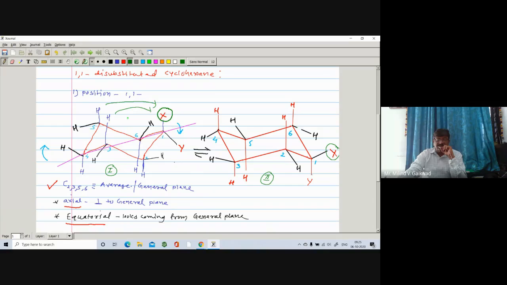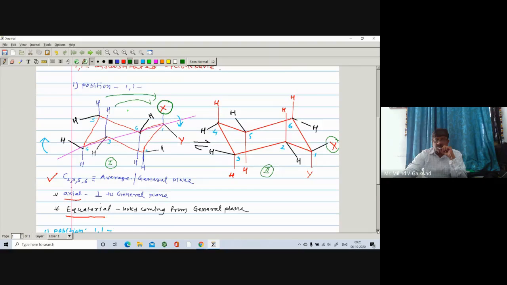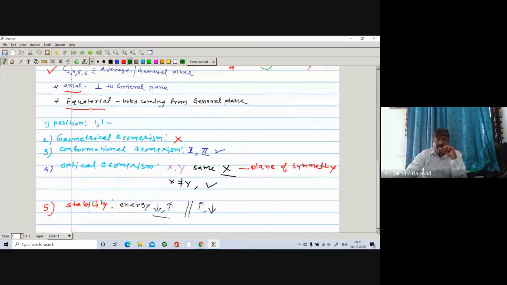But in structure number 2, if Y is bulky and in the axial position, it is found to be less stable. So we can make a general statement that in case of stability, if both groups X and Y are the same, then they have the same energy.